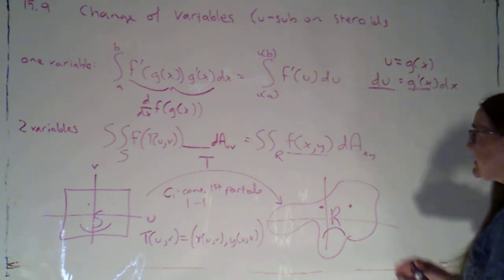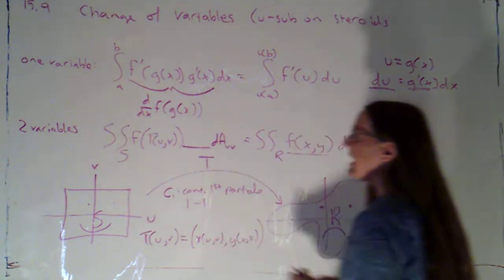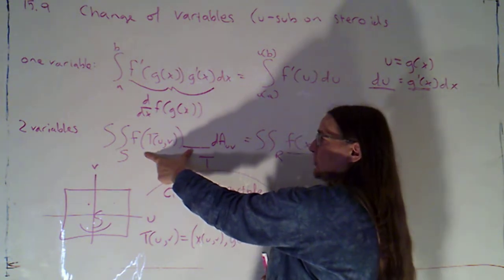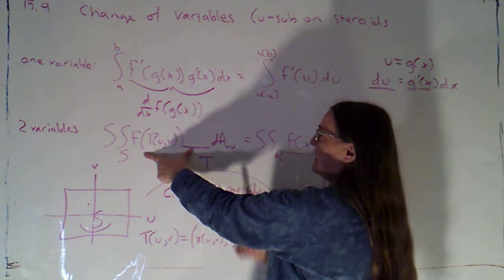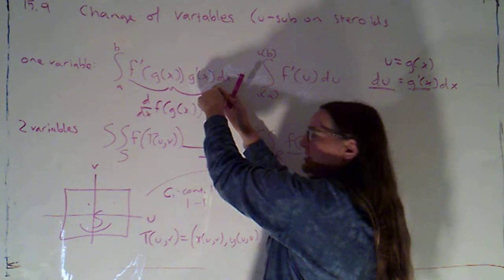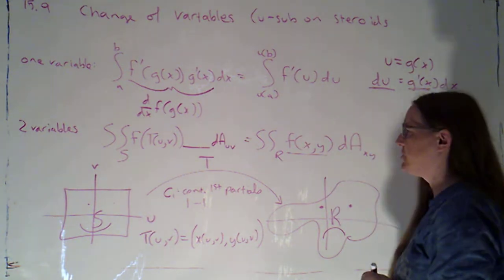Now notice, we're going from this back to this. It looks like we're making the integrand more complicated. Here, having the composition multiplied by the scaling factor was a lot more complicated than just having the outside function.